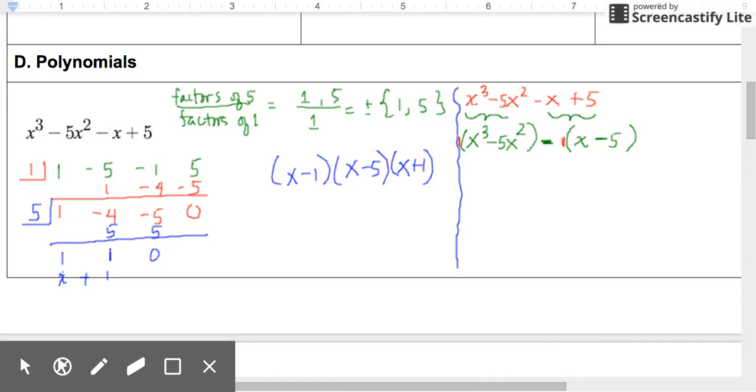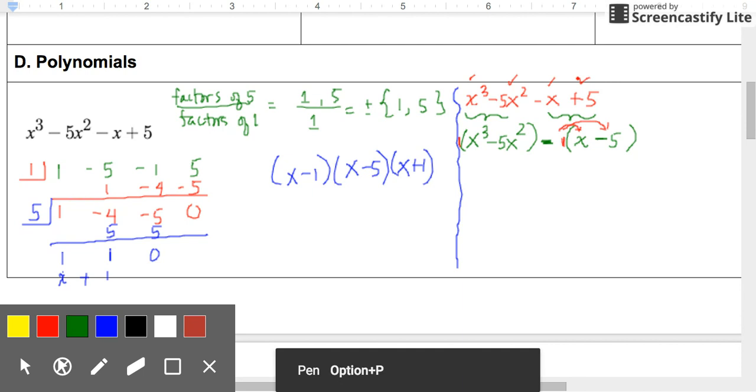And when we multiply, 1 times x cubed is x cubed. 1 times negative 5x squared is negative 5x squared. And over here, negative 1 times x is negative x. And negative 1 times negative 5 is positive 5. So we know that the second row here is equivalent to the top row.